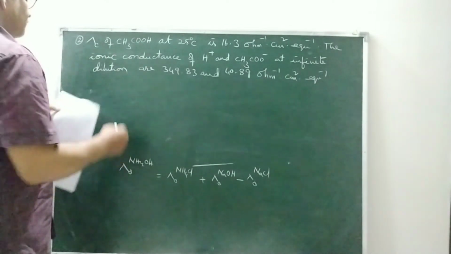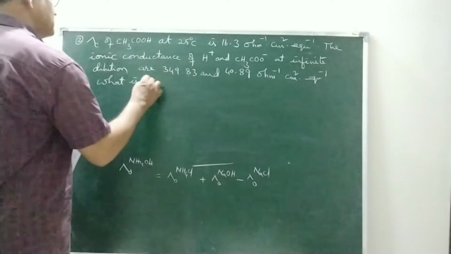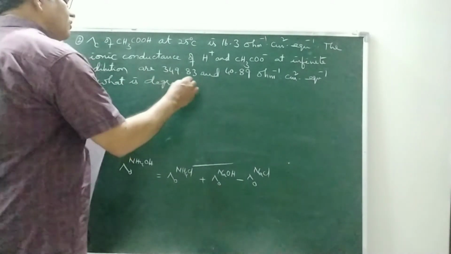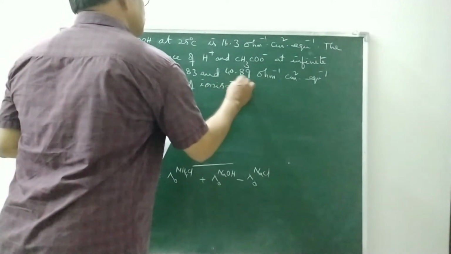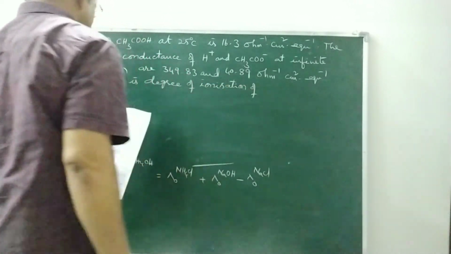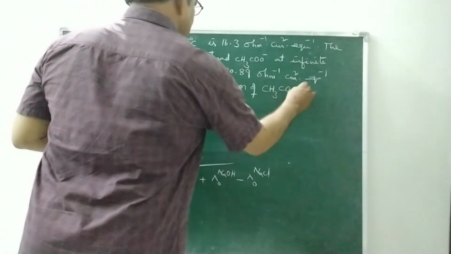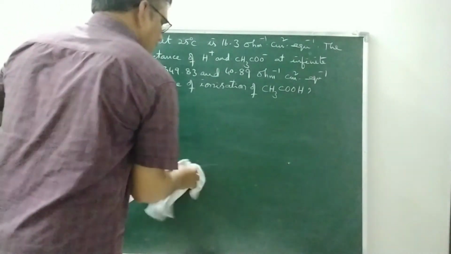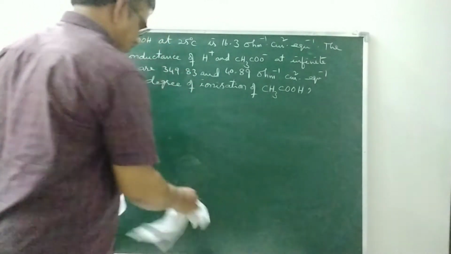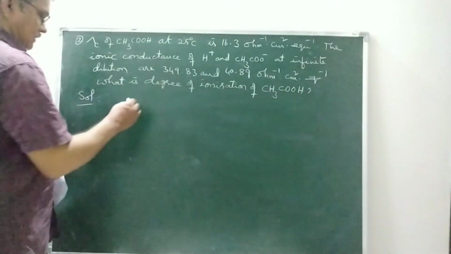What is the degree of ionization of CH3COOH? What they have asked, degree of ionization, means alpha.